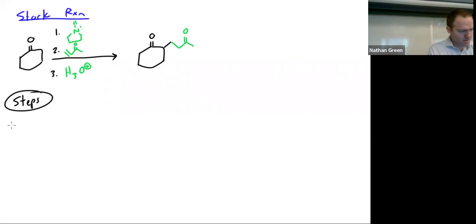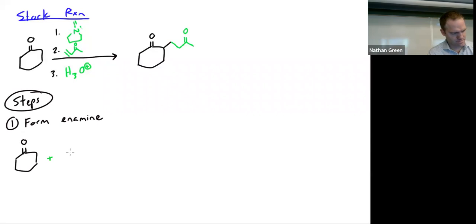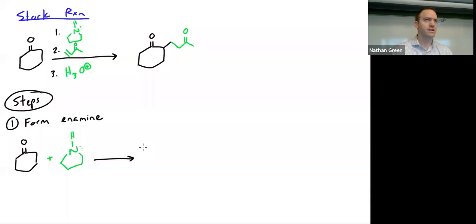Step 1, we're going to form the enamine. Somebody tell me what that looks like when I react cyclo... I showed you this exact molecule, so never mind.